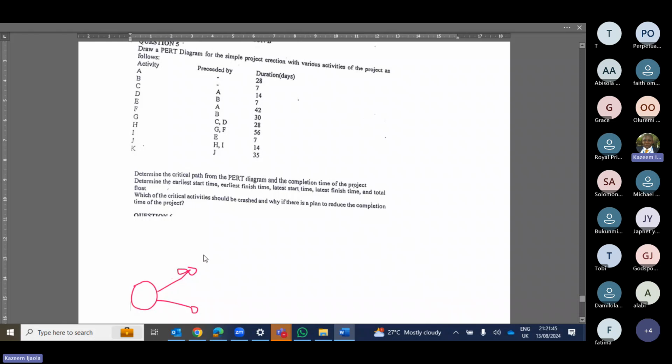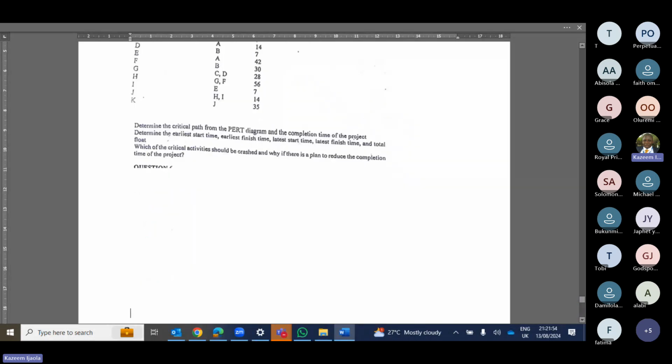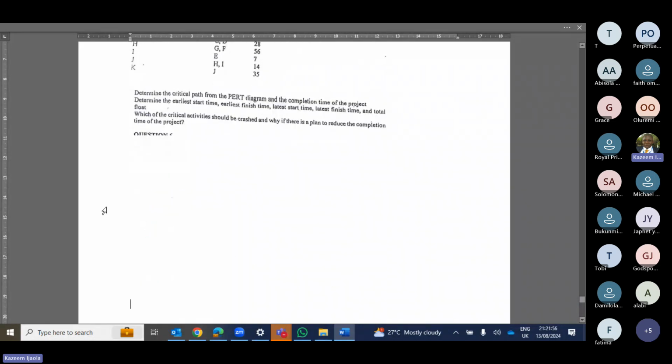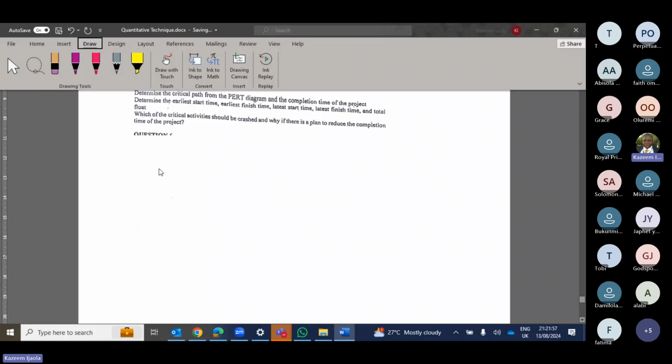So activity A and B are both starting from the origin. Now I've gotten the pen, so I can draw properly. I was trying to check if I'd gotten the right pen. So now activity A and B are starting from the origin.